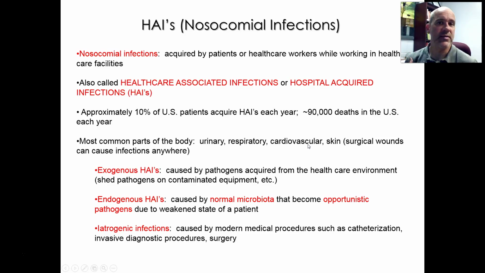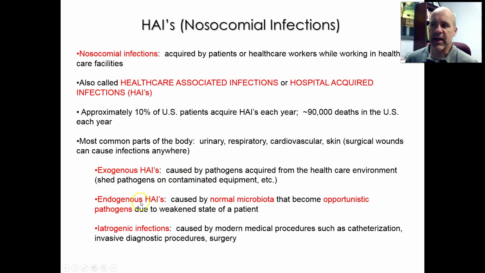They have those central lines with ports on them that are stuck into their subclavian veins, and you've got a needle that's piercing the skin and going directly into the bloodstream, so you've got to use strict antisepsis techniques to try to limit the possibility of those things becoming infections. The skin, any type of surgical wound, or any other reason why you might enter the hospital with a breach in the skin, that's just an open invitation to infection.